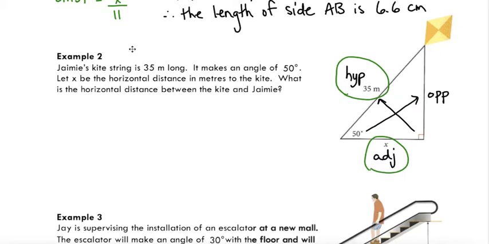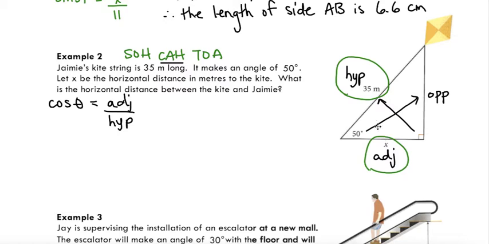And when I think about SOHCAHTOA, I have to ask myself, which one of these trig ratios uses adjacent and hypotenuse? And that's cosine. So I'm writing my generic cosine ratio. So cosine of an angle is equal to the adjacent side over the hypotenuse side.